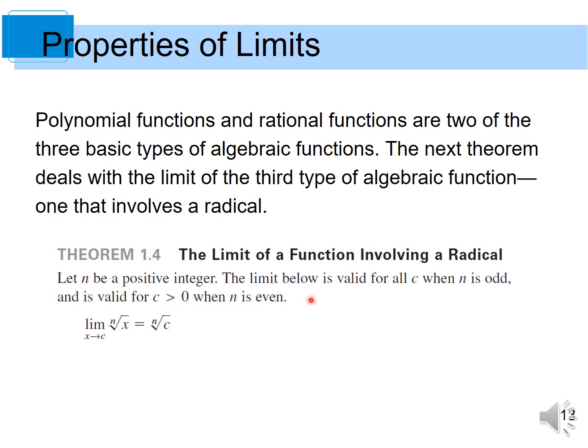The limit below is valid for all c when n is odd, and is valid for all c greater than 0 when n is even. So the limit of the nth root of x when x tends to c is equal to the nth root of c.